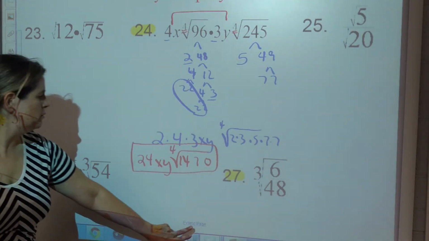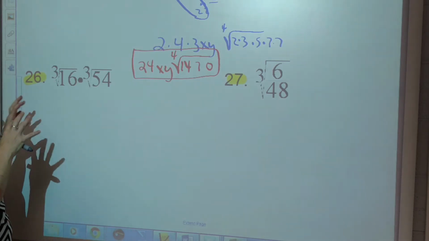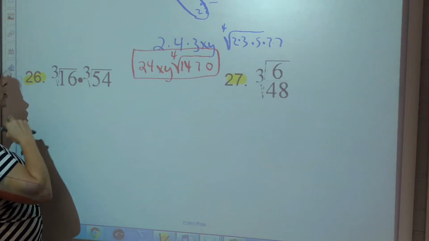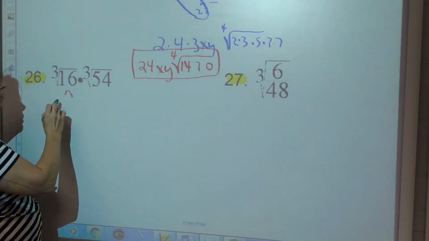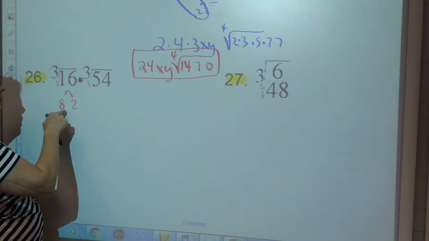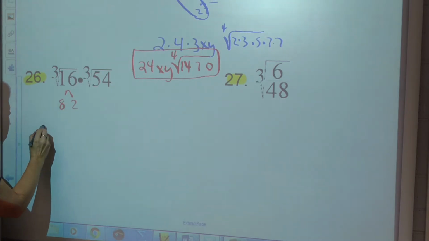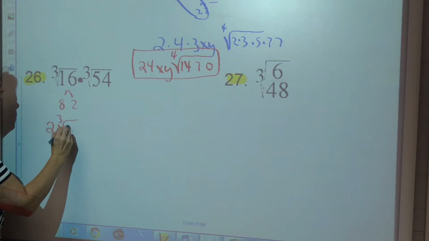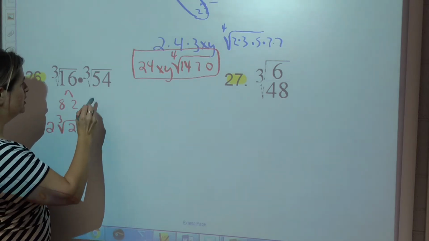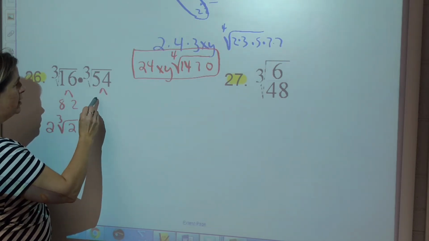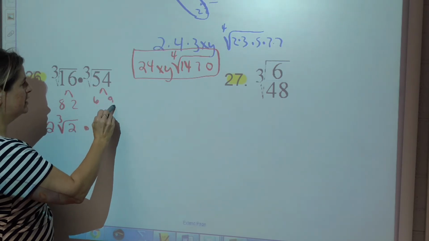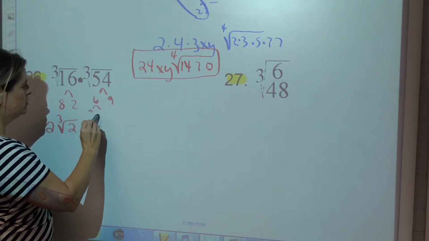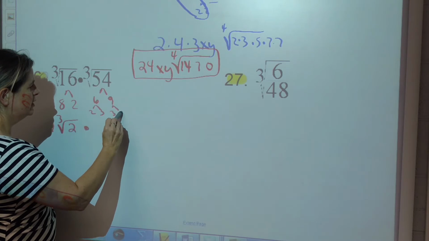Last thing we're going to do, we've got a multiplication and a division, a little more basic here. These are cube roots, so I would still try to simplify. I know that 8's a perfect cube, so I can make this be 2 cube root of 2 times, and this one 6 times 9, so 2 times 3, have a set of 3's.